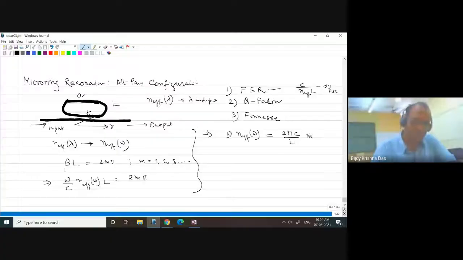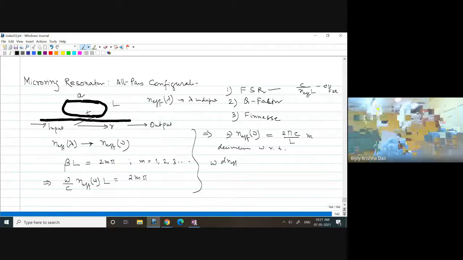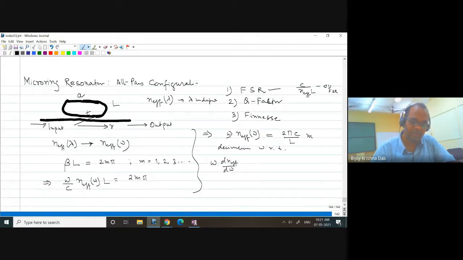Omega is a variable, and m is also a variable. So if I take the derivative with respect to omega on both sides, the left hand side I can write as omega dn effective by d omega, plus n effective.